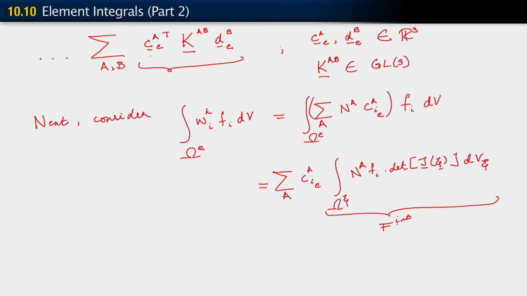Note that it has an index A coming from the fact that it was computed with the basis function corresponding to node A, and each f internal A is a 3 vector. And this also we could write as sum over A, using the notation we use to write out our left hand side term.